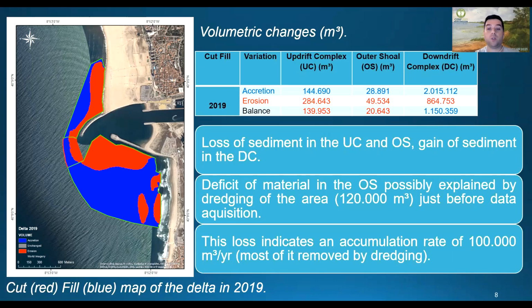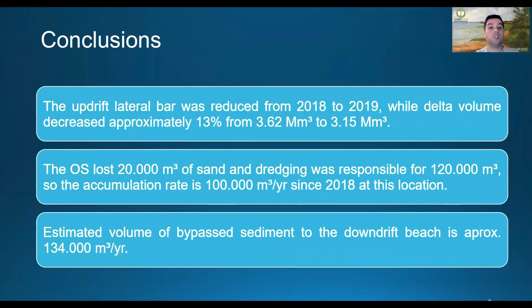This loss of material also indicates an accumulation rate of approximately 100,000 cubic meters per year, most of it removed by dredging. So in conclusion, the updrift lateral bar was reduced from 2018 to 2019, while the delta volume decreased approximately 13%.